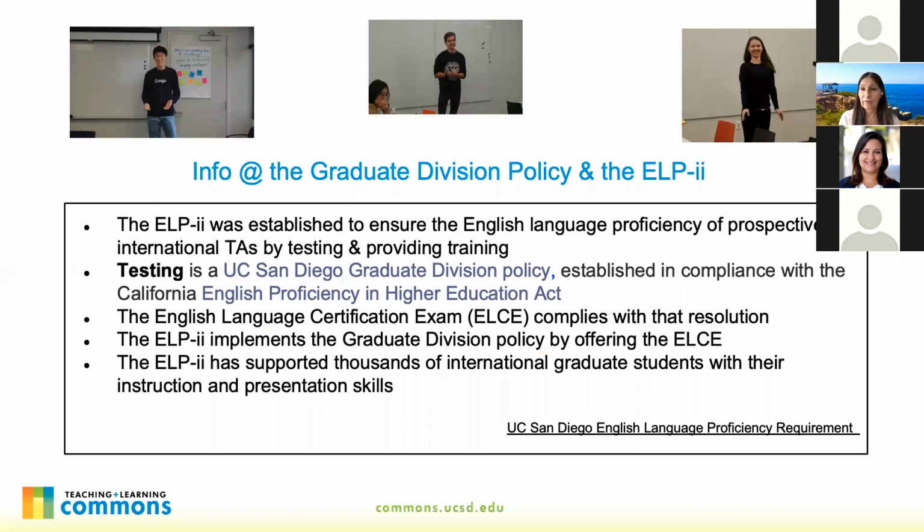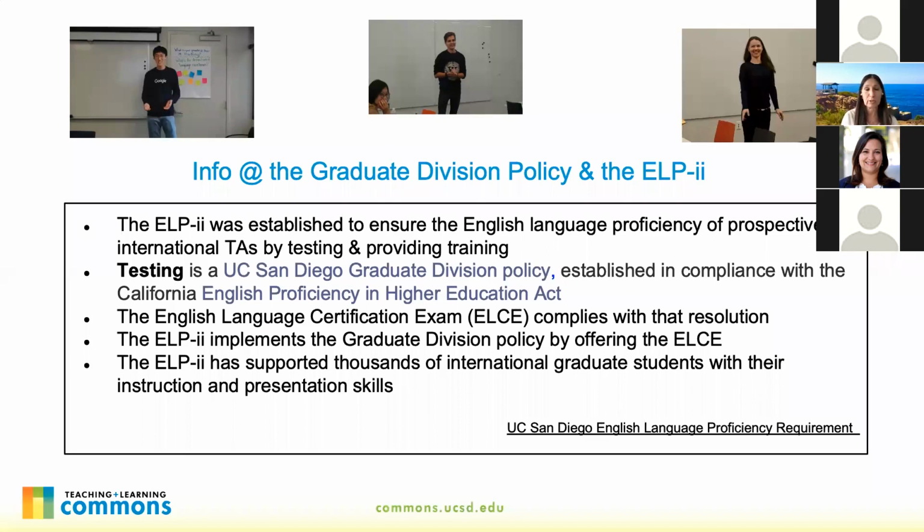I want to provide you with a lot of info. First of all, about the policy. I noticed the questions in the Q&A. I'm going to be answering many of them. So first of all, my program exists to support and implement the grad division policy. We have this testing policy because it is a UCSD policy, but even larger, it's a UC policy.